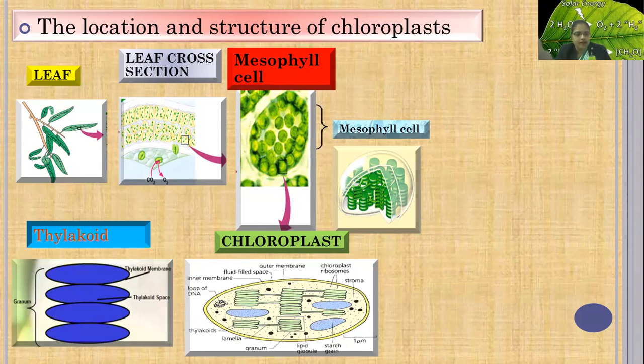The internal space of each thylakoid has, under ultra microscopy, this bluish colored internal structure.